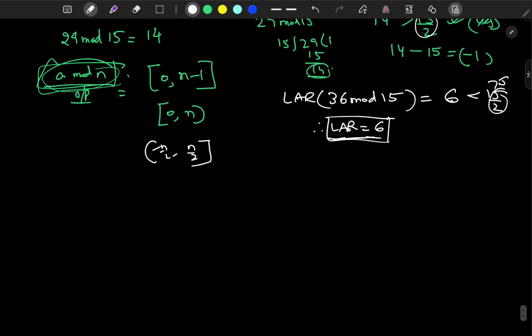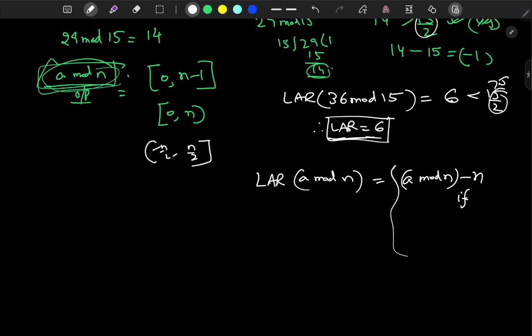So the LAR of a mod n equals a mod n minus n if the value is greater than n by 2.